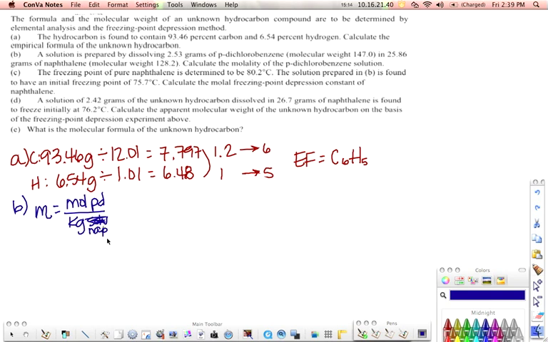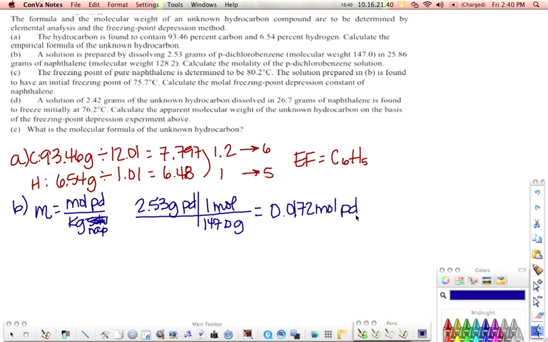So first of all, let's figure out how many moles of the p-dichlorobenzene. They said that we used 2.53 grams of it, and it has a molar mass of 147 grams per mole. So that tells me that we have 0.0172 moles of the p-dichlorobenzene. Then we need to figure out how many kilograms of the naphthalene we have.